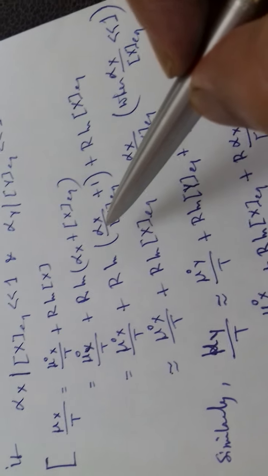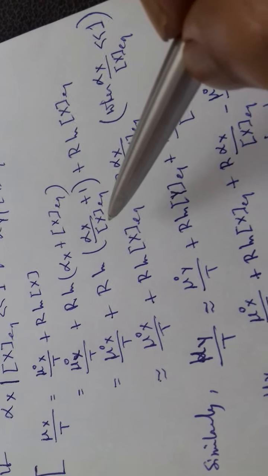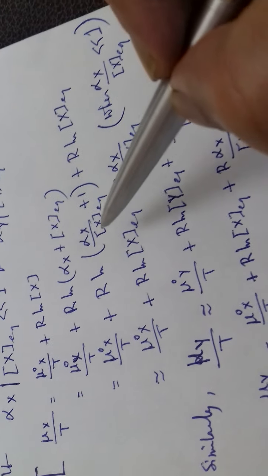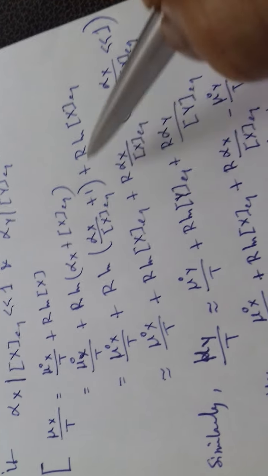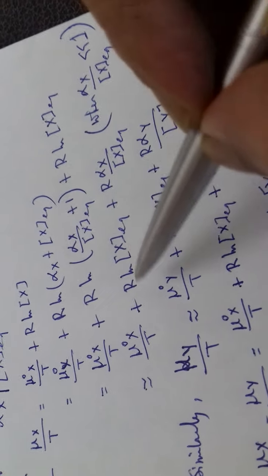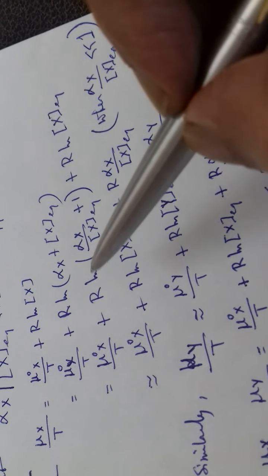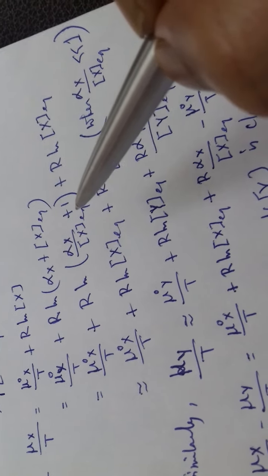So now we add R ln xq and subtract R ln xq. So that means this divided by xq, and plus this. So μx plus this term R ln xq plus R ln(αx by xq plus 1).